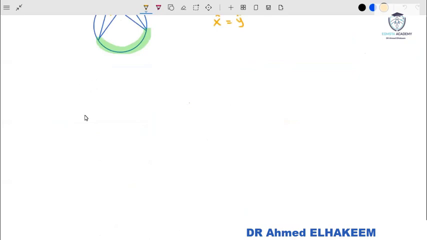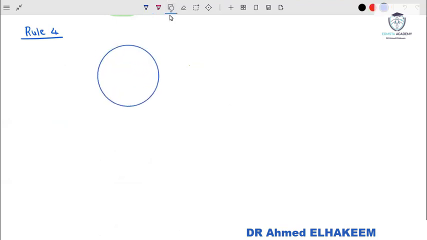Okay. Rule number 4. This is called a cyclic quadrilateral.